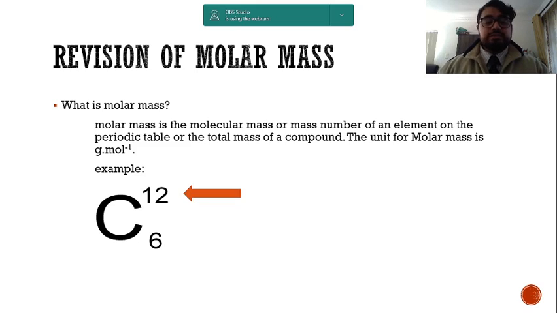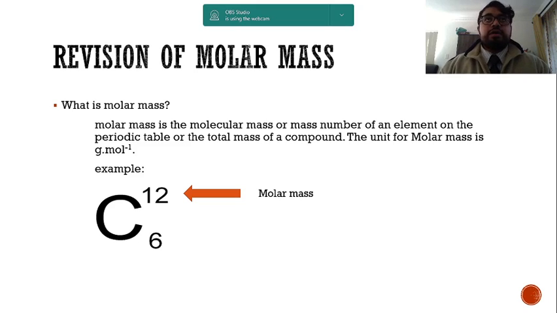So molar mass is the mass number, which is the bigger number, and it basically tells us how much the element weighs. Okay, so how do we calculate the molar mass?